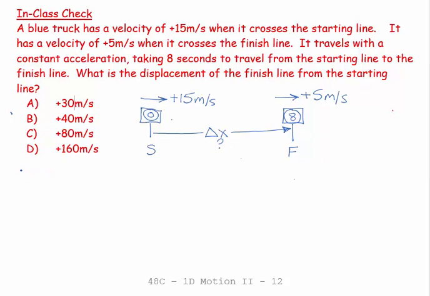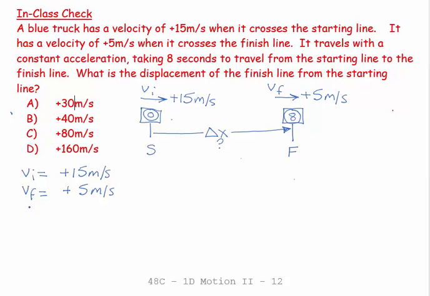list. So we say vi, my initial velocity, is plus 15 meters per second. That's vi here. And my vf is equal to plus 5 meters per second, and vf is here.